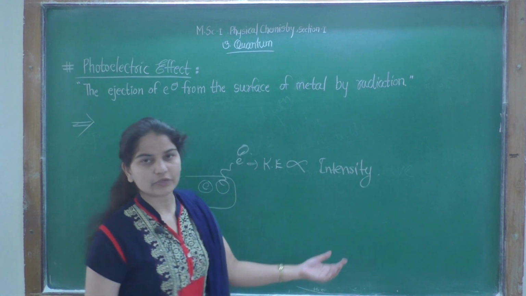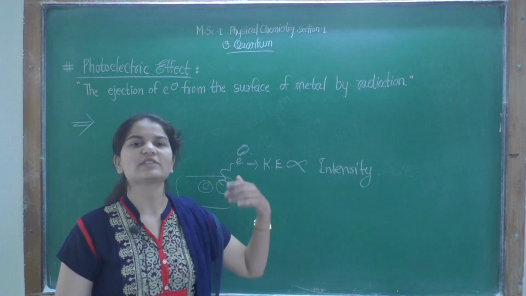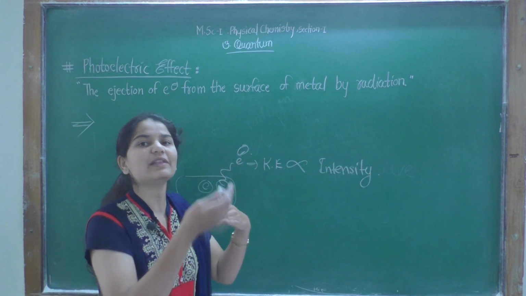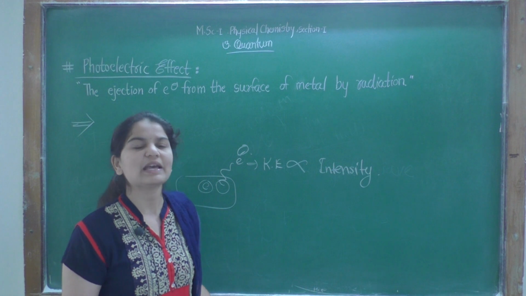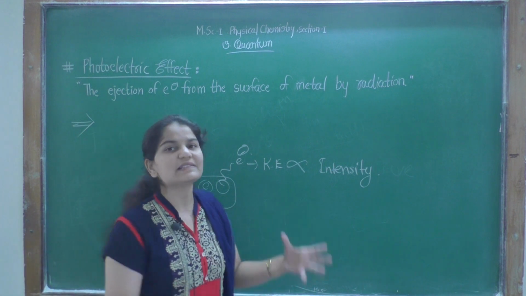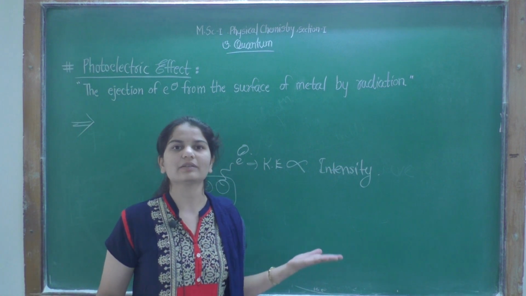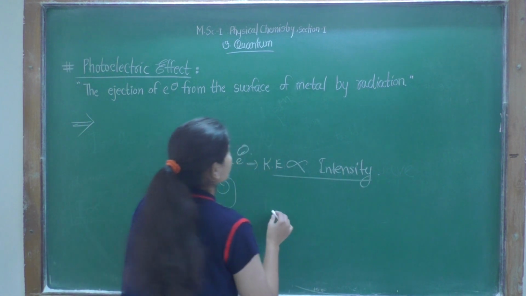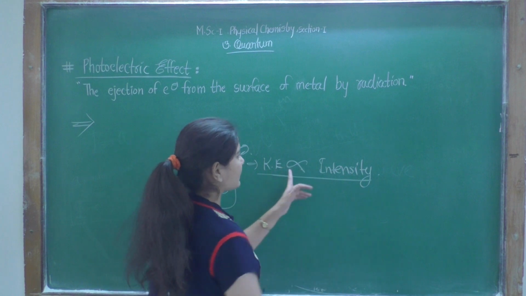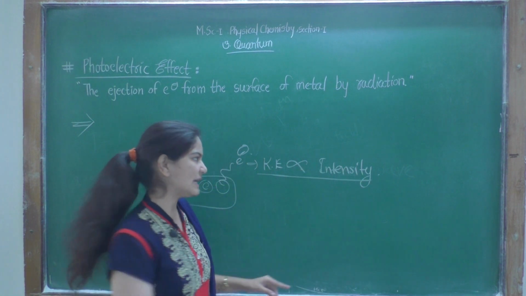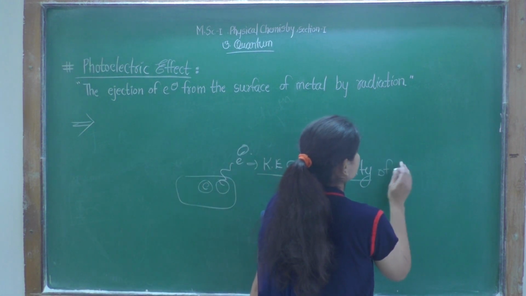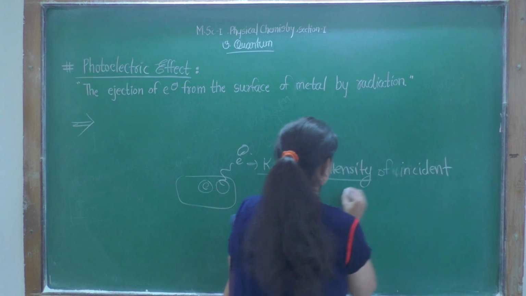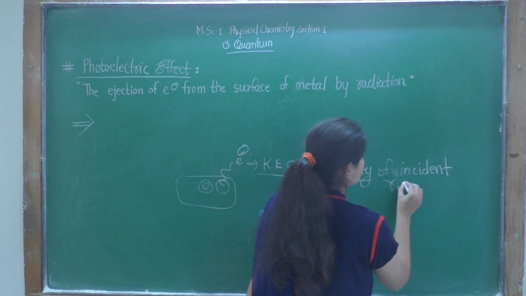Because as amplitude increases, intensity increases, oscillations become vigorous, and then the electron is ejected. So the kinetic energy will depend upon the intensity of the incident radiation, according to classical theory.